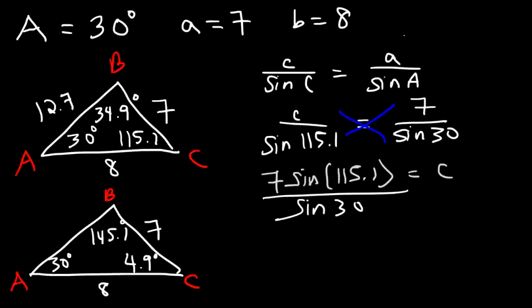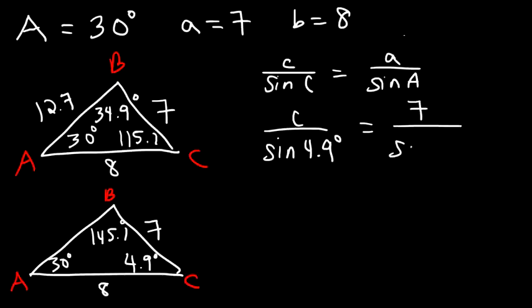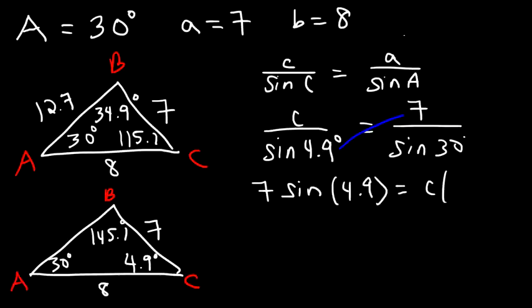Now let's do the same thing for the second triangle. So this time angle C is 4.9 degrees. A is still 7. So this is going to be 7 times sine of 4.9, which is equal to C times sine of 30.